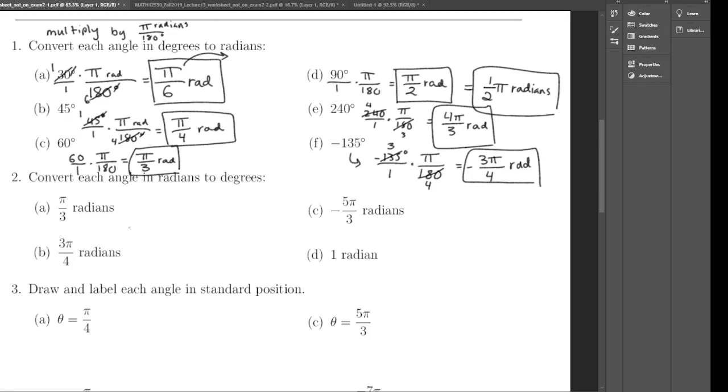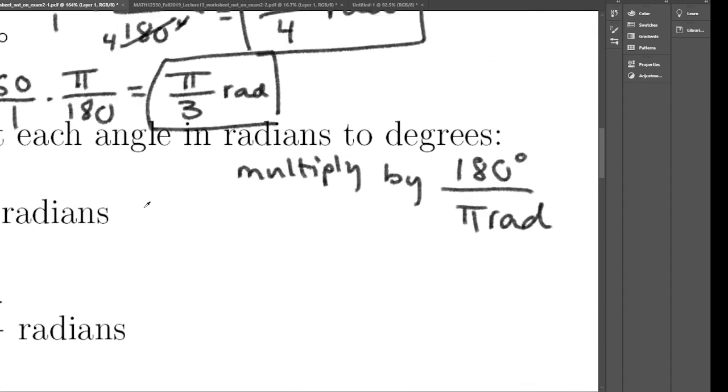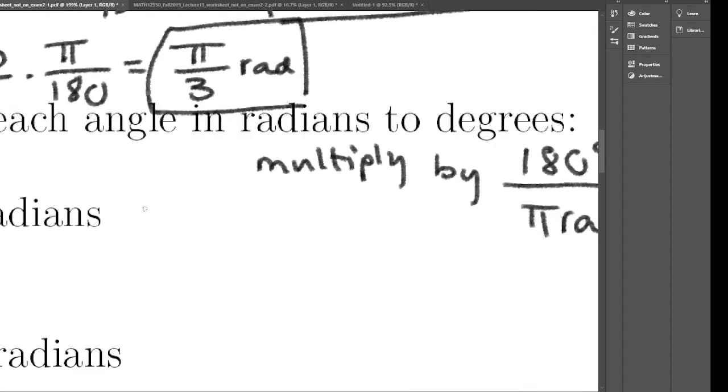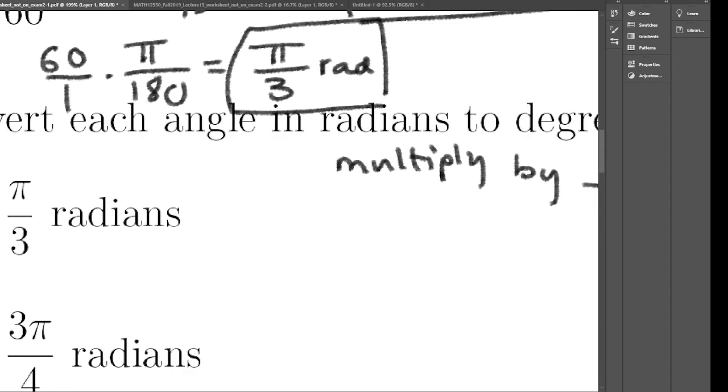So to convert from radians to degrees, we always multiply our radians by 180 degrees over pi radians. In a similar way to the last problem, the units will always work out.